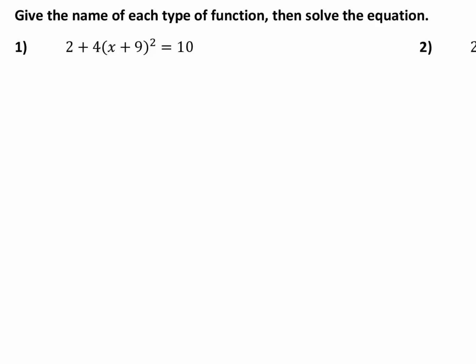If we are wondering what type of function this is, having something that is squared means that we are dealing with a quadratic. It is a quadratic that's in vertex form.